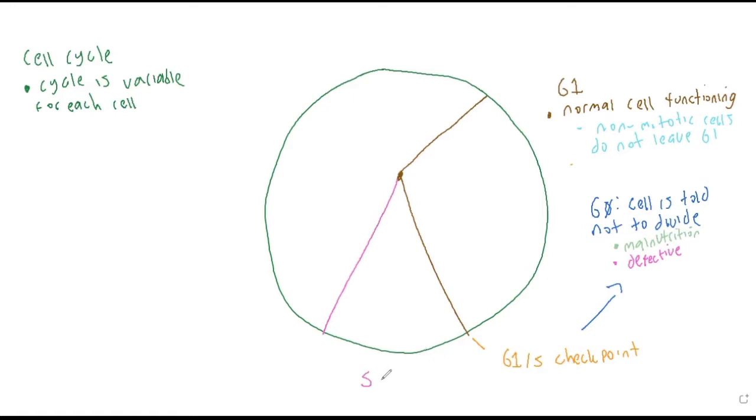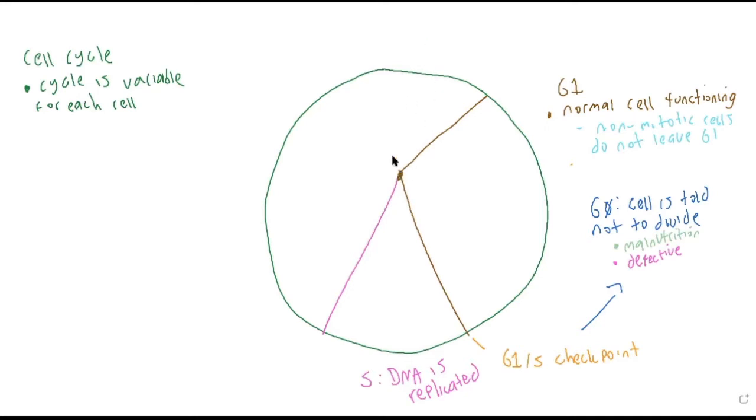So the S phase is where DNA is replicated, meaning that you're going to have a completely new set of DNA. And of course, we'll be having an entire lecture or two dedicated to DNA replication. But basically what happens is that once you have one molecule of DNA, then you have two. It's a very complex process.